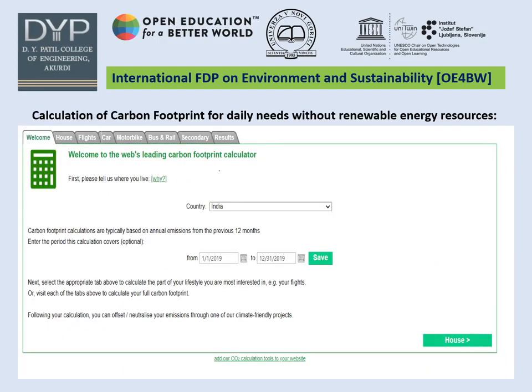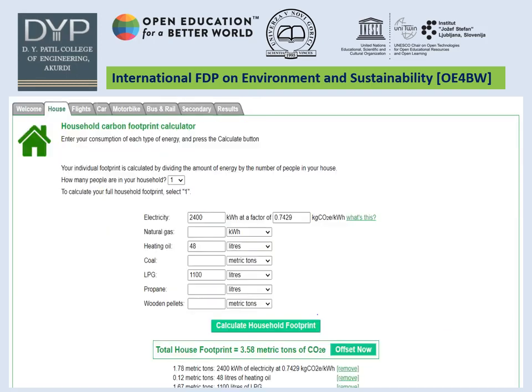So I have taken one example which will calculate the carbon emission because of household usage for a year. I have selected the country as India, and for the year 2019 from January to December, I have calculated the carbon footprint for normal household usage.